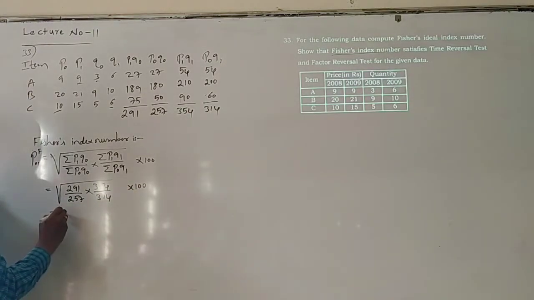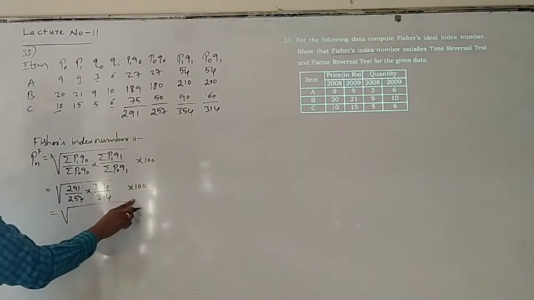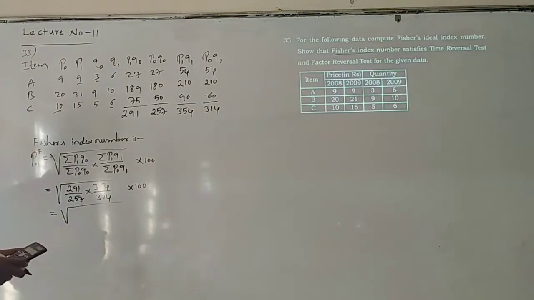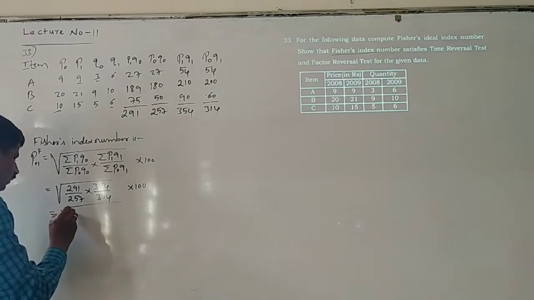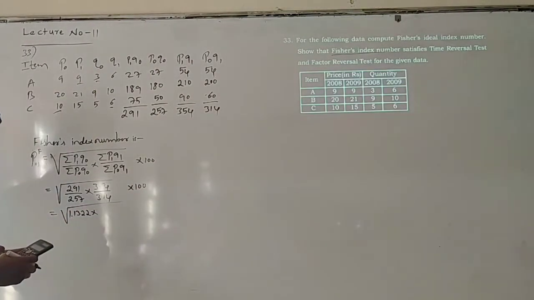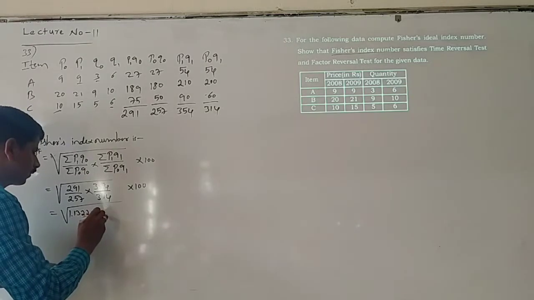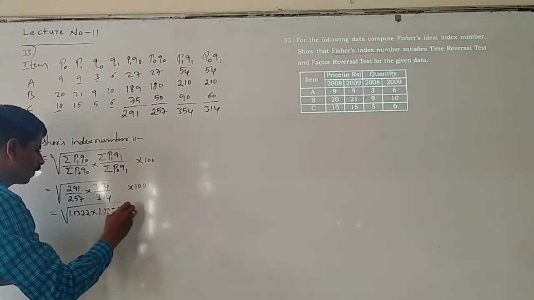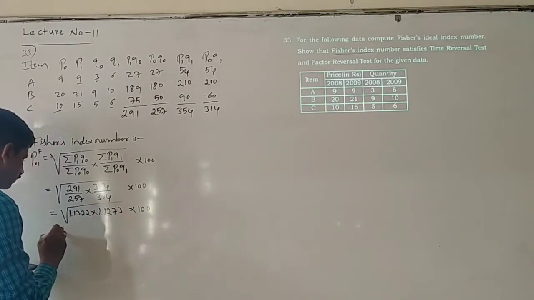It is equal to under root of 291 divided by 257, which is 1.1322, into 354 divided by 314, which is 1.1273, into 100.